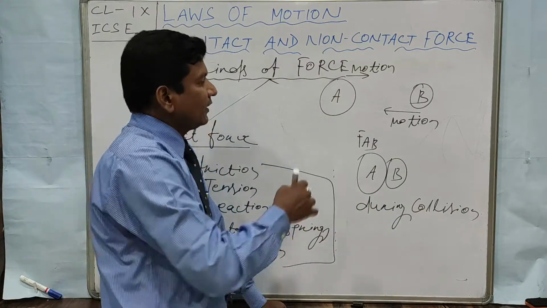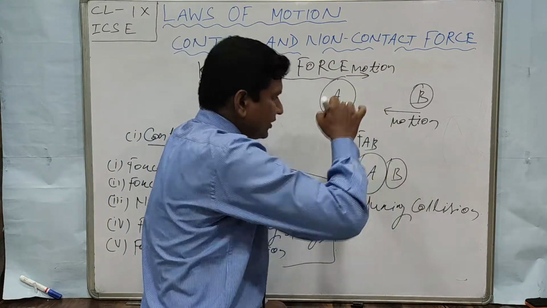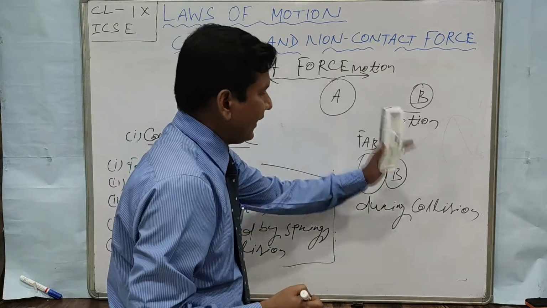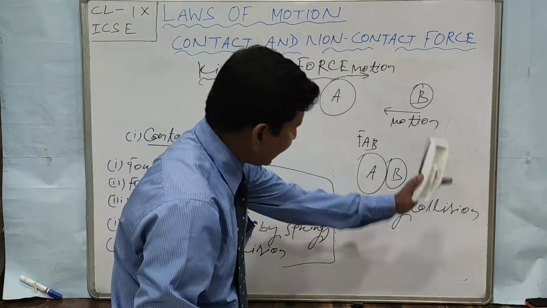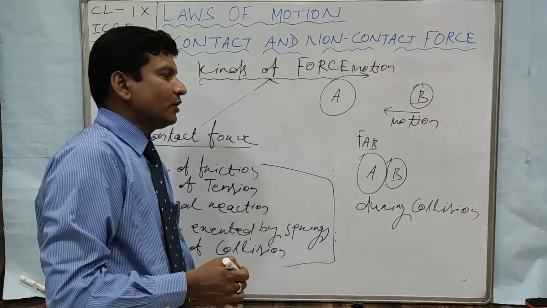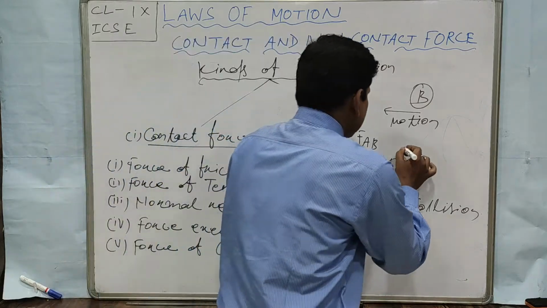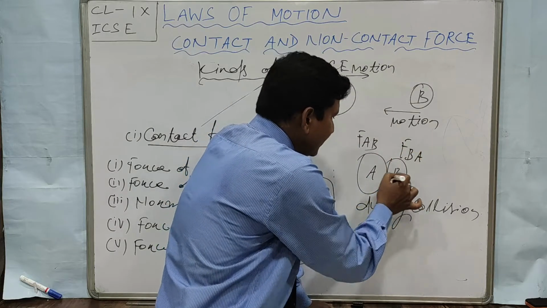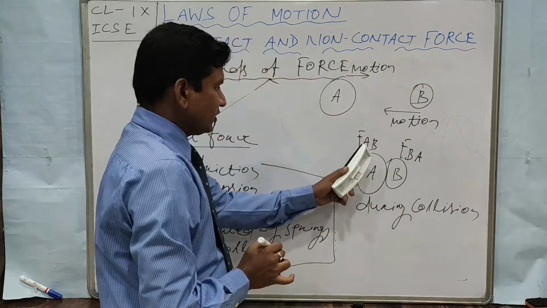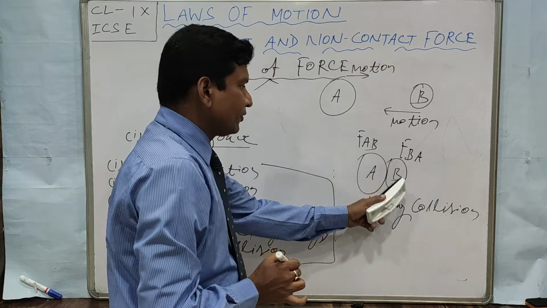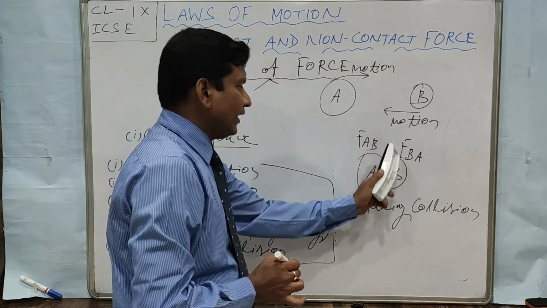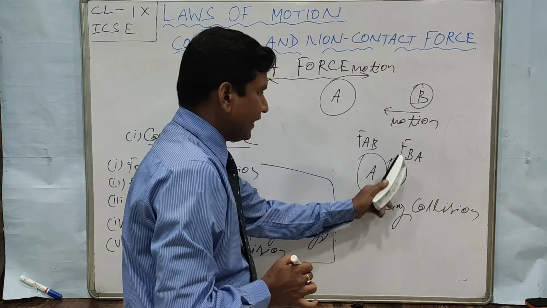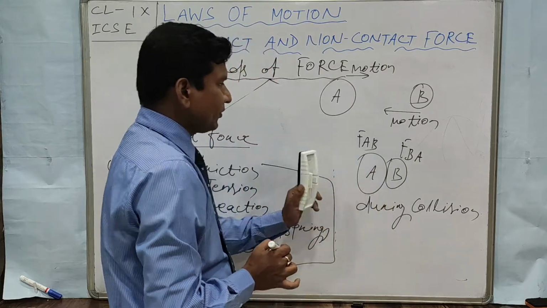And on the other hand, the same force is exerted back: body A also acts with the same amount of force on body B. That is known as FBA, the force on B due to A. This is the action, and this becomes the reaction.